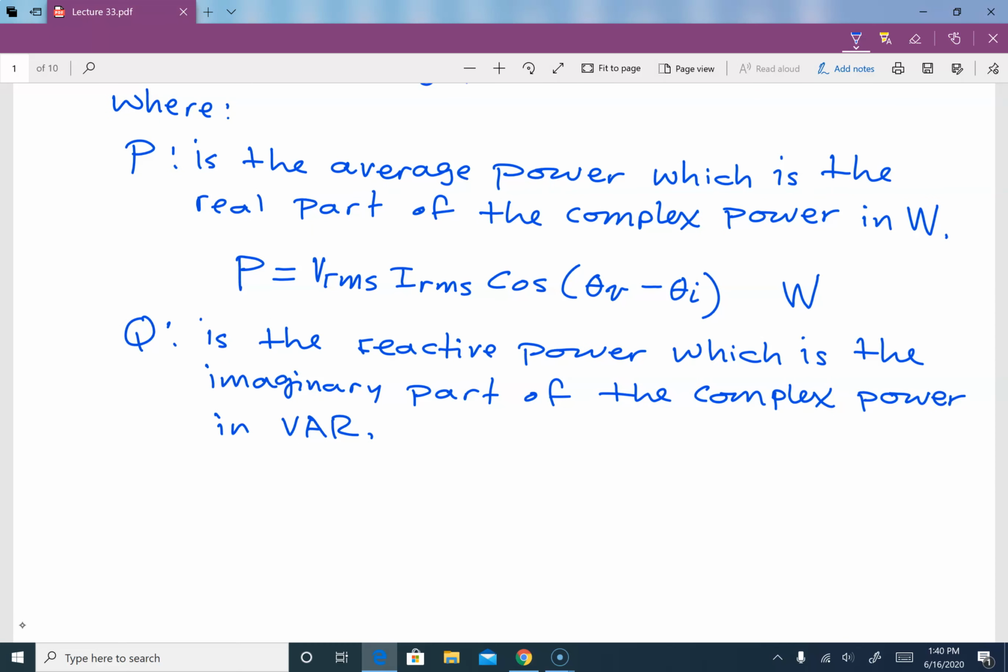So that means our Q is equal to VRMS IRMS sine of theta V minus theta I, and that is volt ampere reactive.